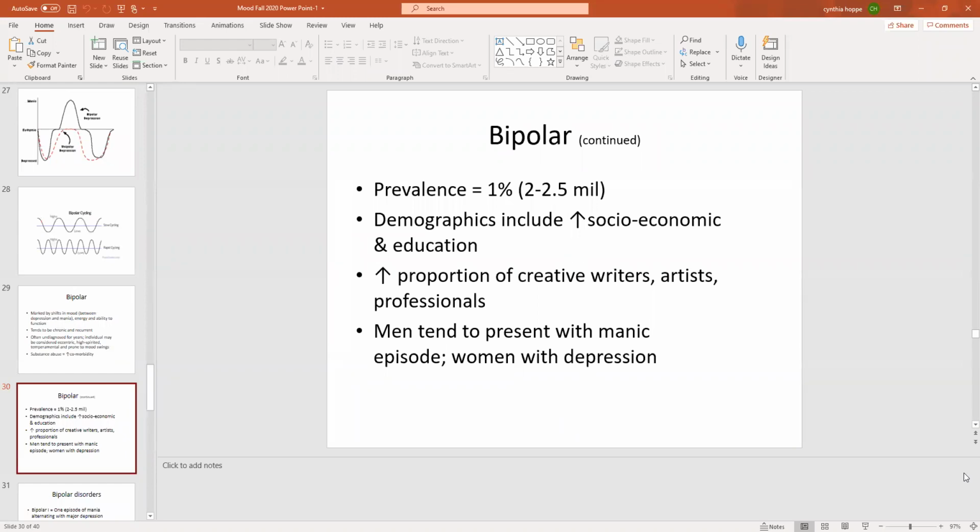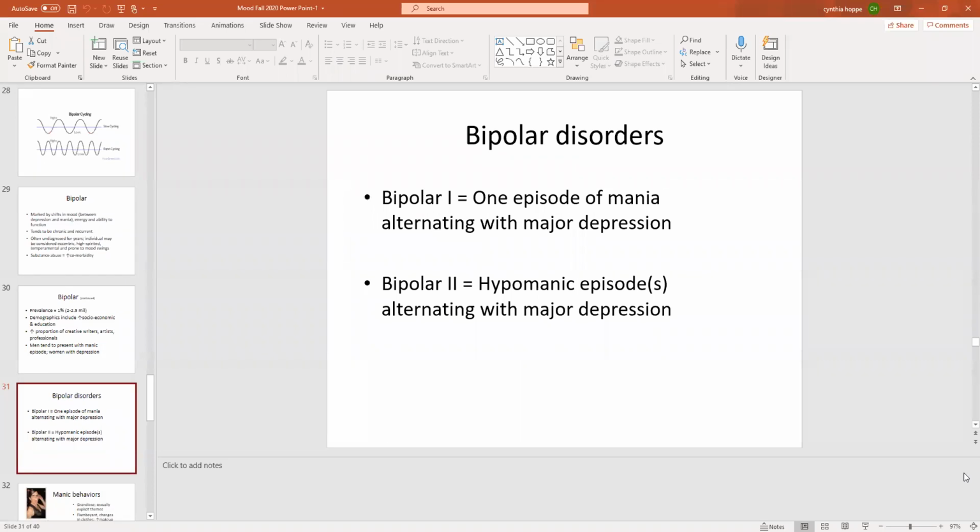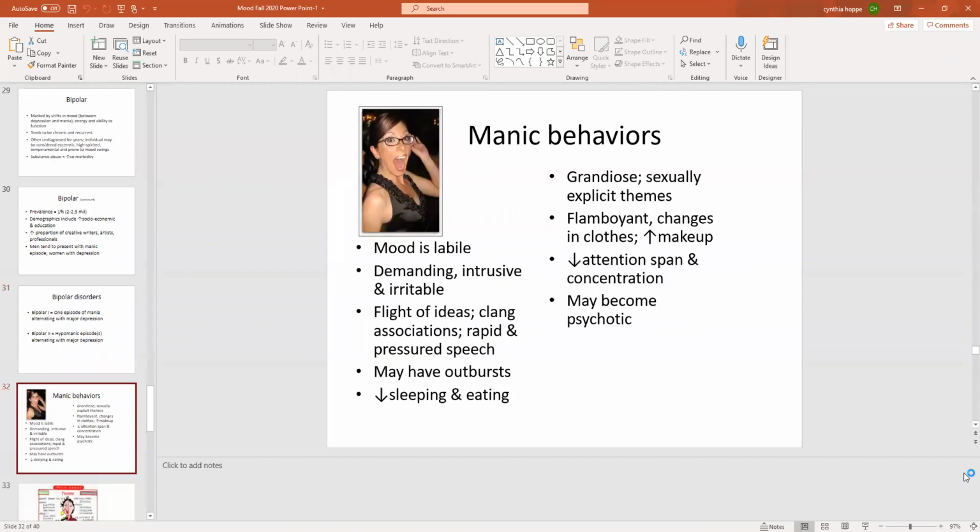About 1% of the population has it, usually highly educated people, higher income individuals, very creative individuals. Men have more bouts of mania and women depression. There are 2 different types. You don't need to know that for testing purposes.